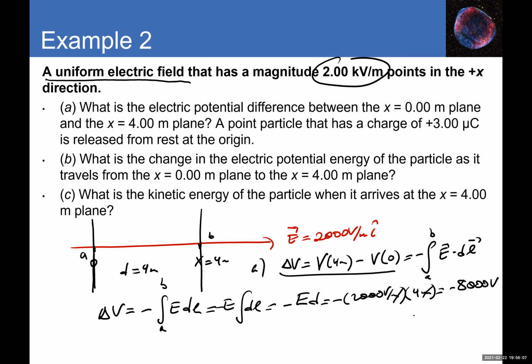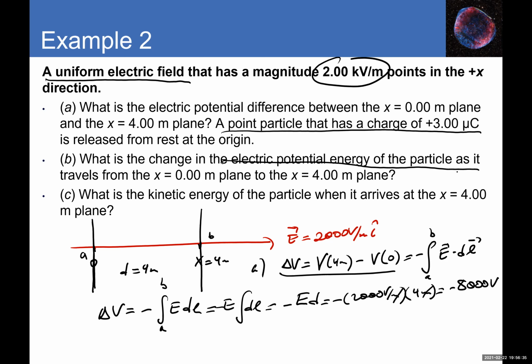It says then a point particle with a charge of plus 3 microcoulomb is released from the origin. What is the change in the electric potential energy of the particle as it travels from x equals 0 to x equals 4 meters? To calculate the change in potential, all I need is the electric field.